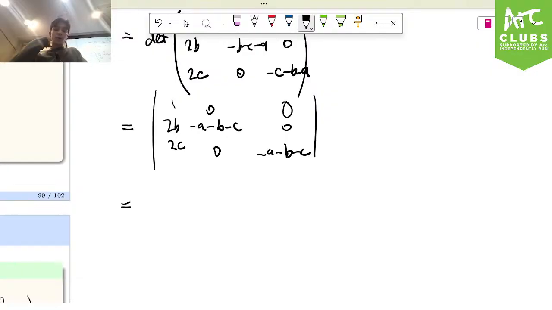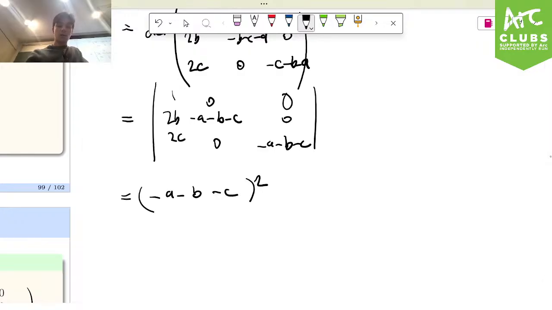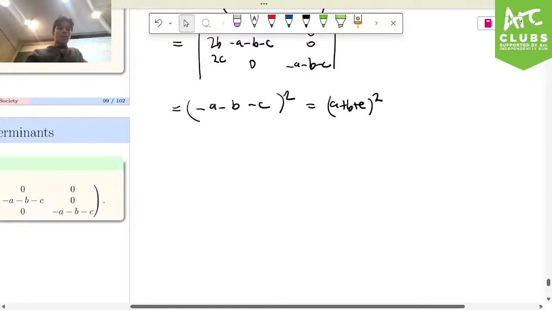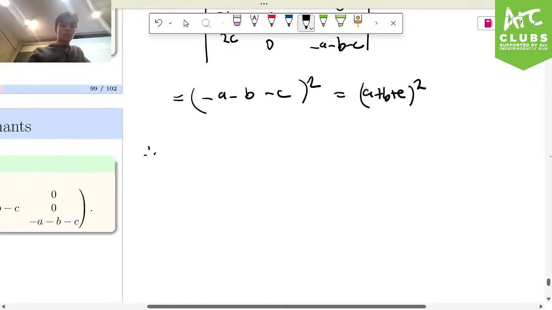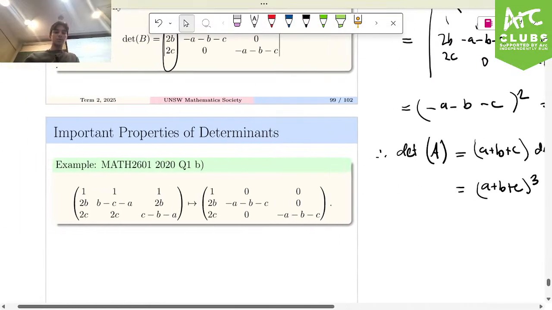And from the properties above, we know that the determinant of this is just going to be the product of the terms on the diagonal, which is going to be minus A minus B minus C squared, which is equal to A plus B plus C squared. And so, from before, we know that the determinant of A is equal to A plus B plus C times the determinant of B, and hence this has to equal A plus B plus C all cubed. And that's the end of the question.